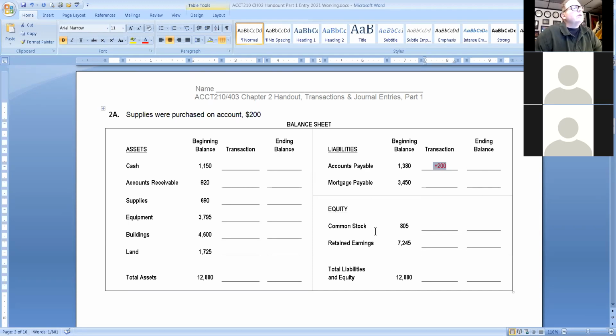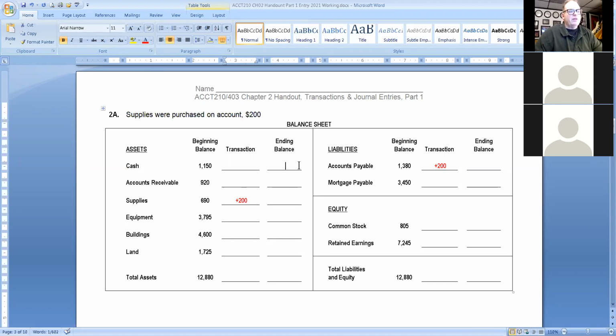And what else do we get? Supplies went up. Yep. And you'll notice we're still going to be in balance because we're adding 200 to the supplies, but we're also adding 200 to the liability.